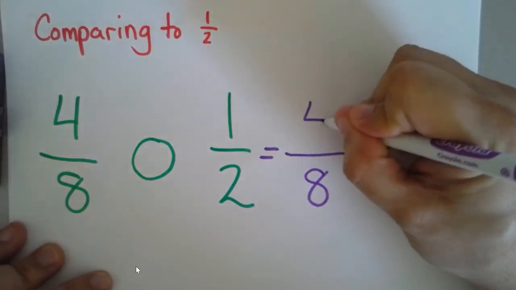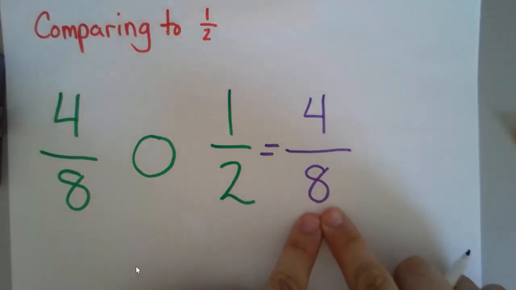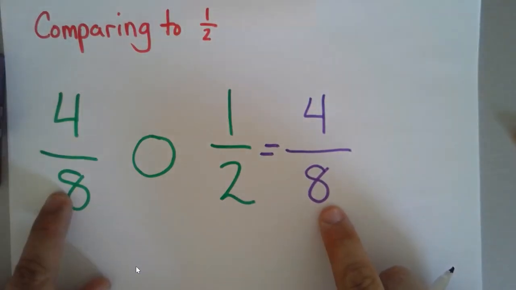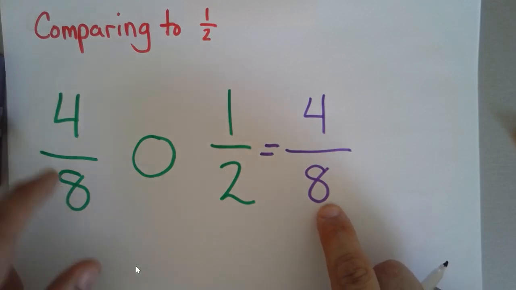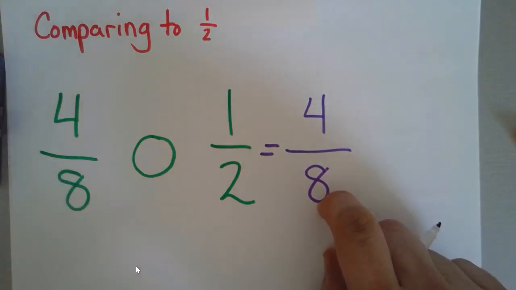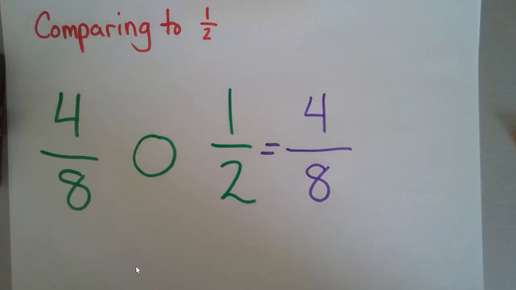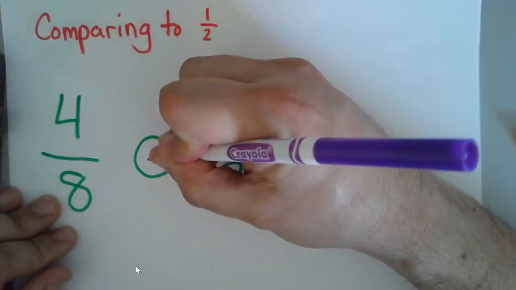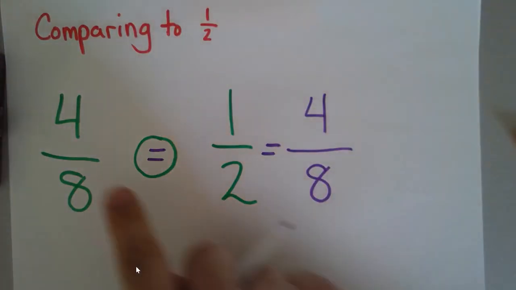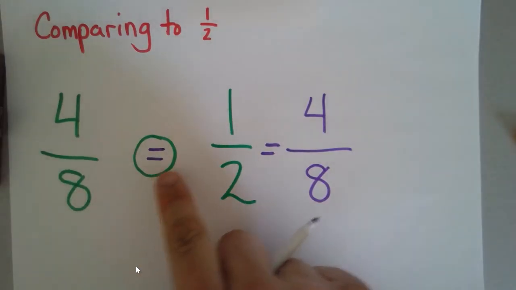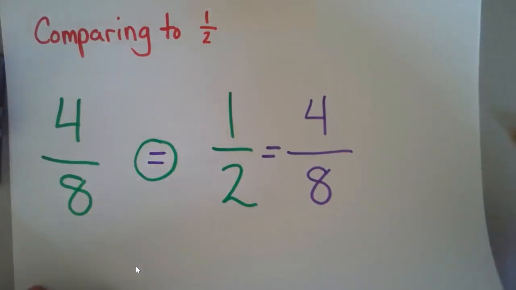I know that that's 4/8, but wait a minute. 4/8 and 4/8, they're the same fraction. Well, 4/8 isn't greater than 4/8. It's not less than 4/8. 4/8 is 4/8. So they are equivalent. They are equal. So I can write here 4/8 is equal to 1/2.